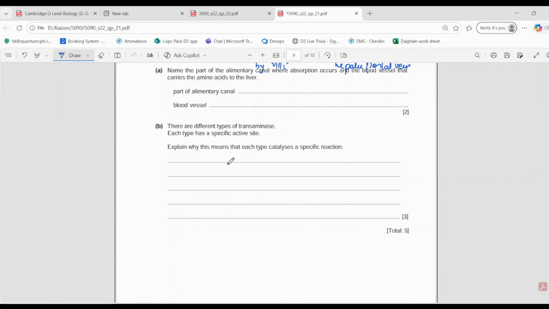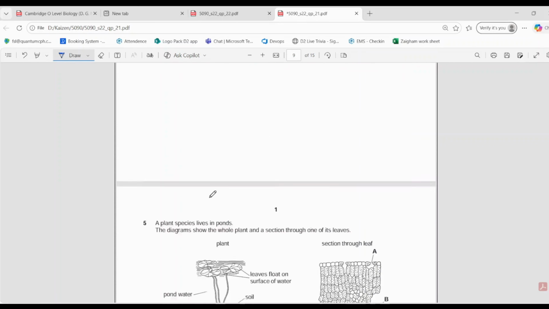Okay, the active site should be complementary to the substrate. Then the enzyme-substrate complex is formed, and then the product would form. That's why any other substrate cannot bind to the other's active site. Okay.